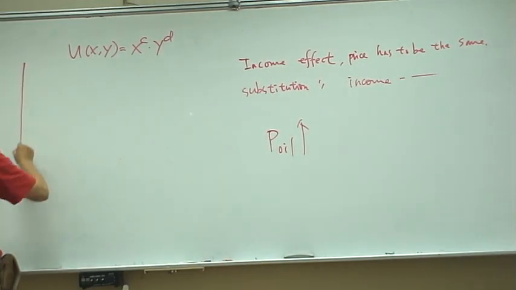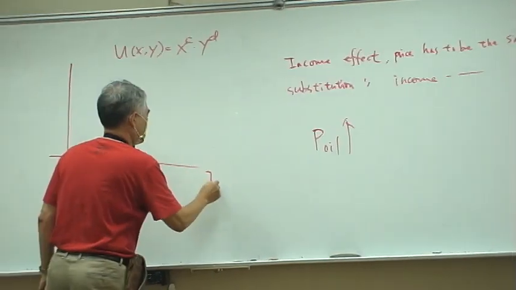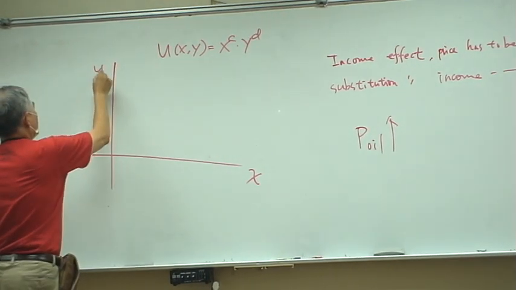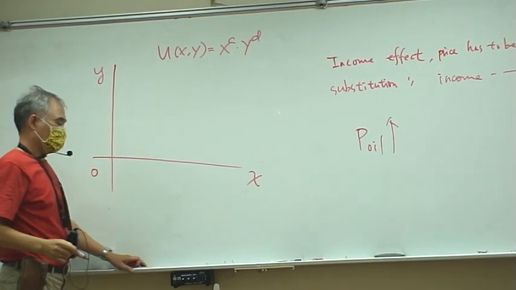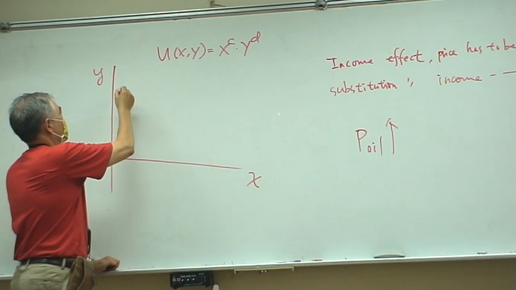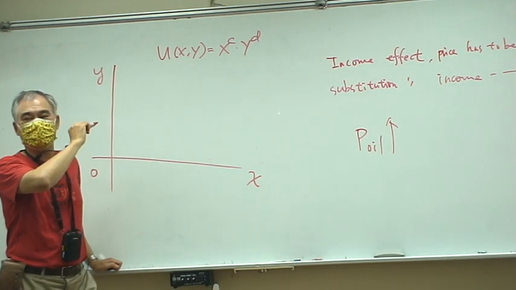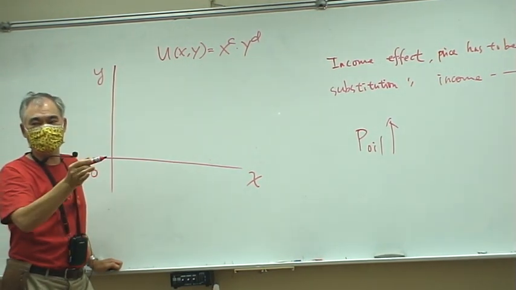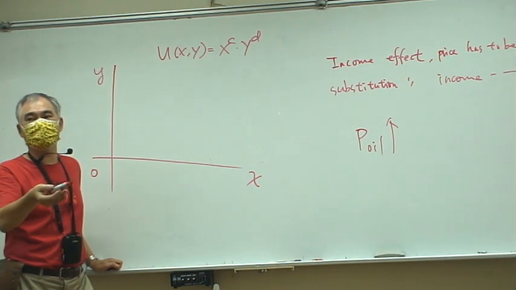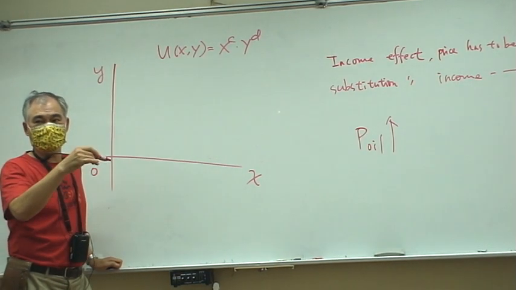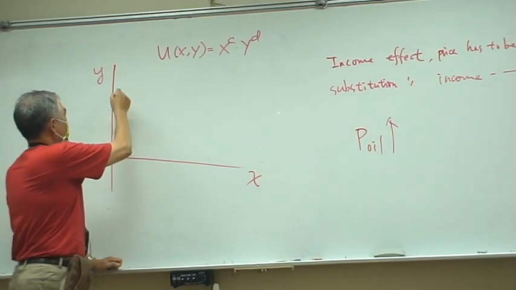So we have X and Y. Let's assume we have some price decrease, that's easier to elaborate, and then you can do the opposite for your homework.